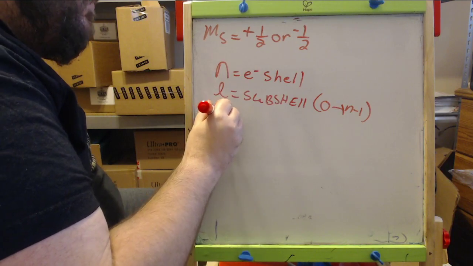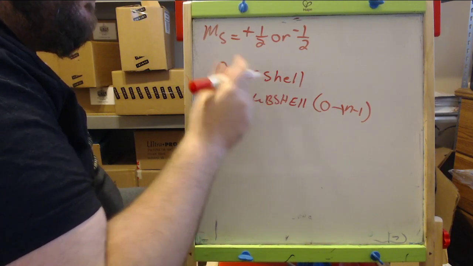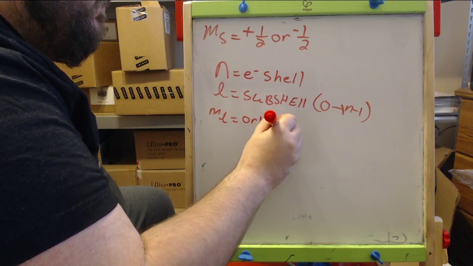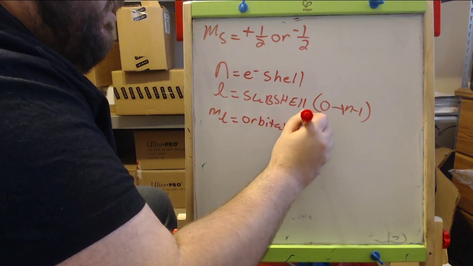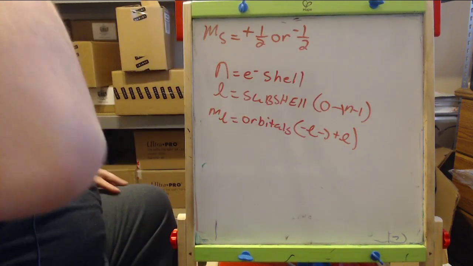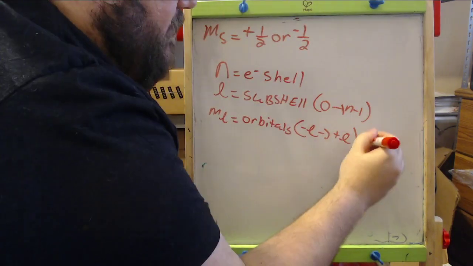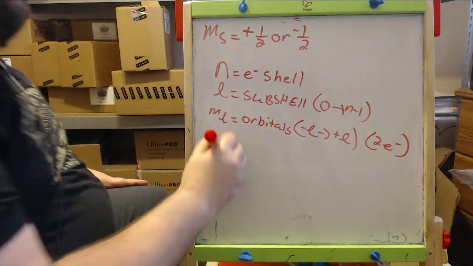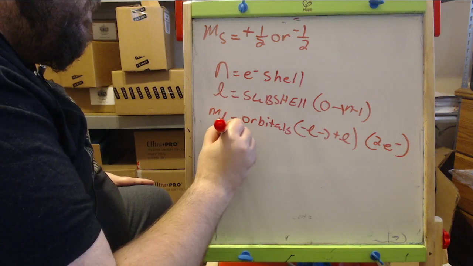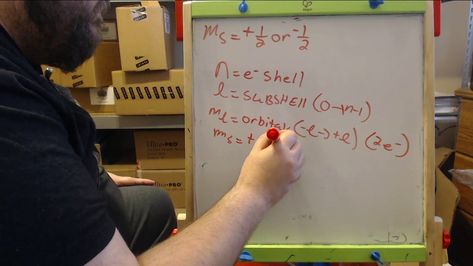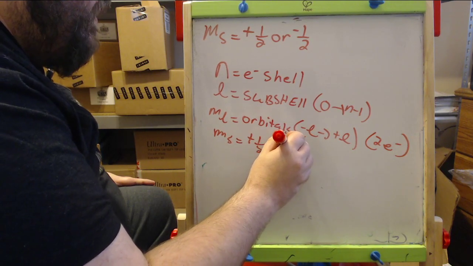We've got M sub L, which is known as our orbitals, which goes from -L to +L and all whole number integers in between, and these can hold 2 electrons each. And then we have the spin, ms, which is +0.5 or -0.5.